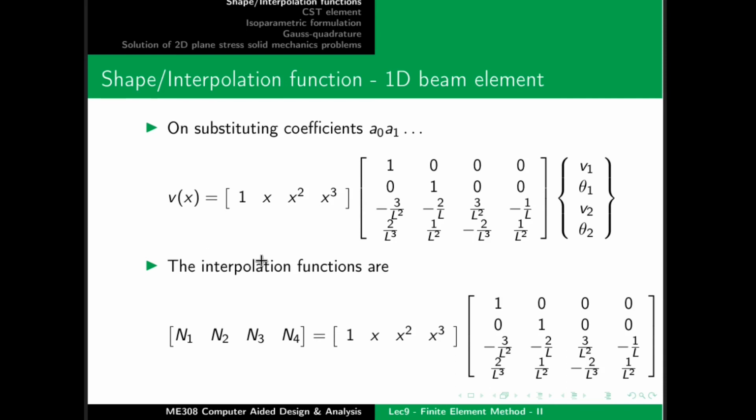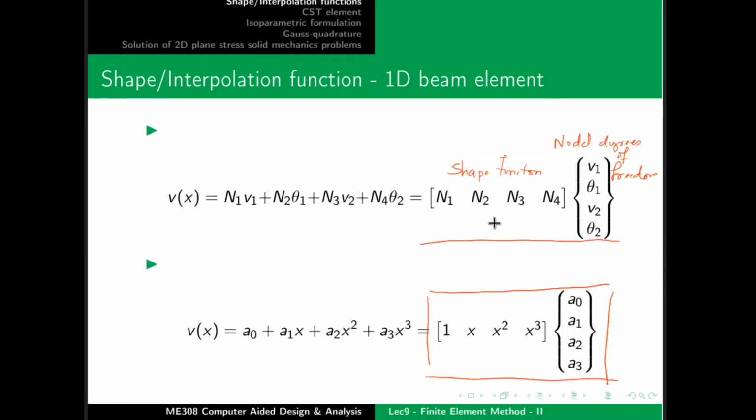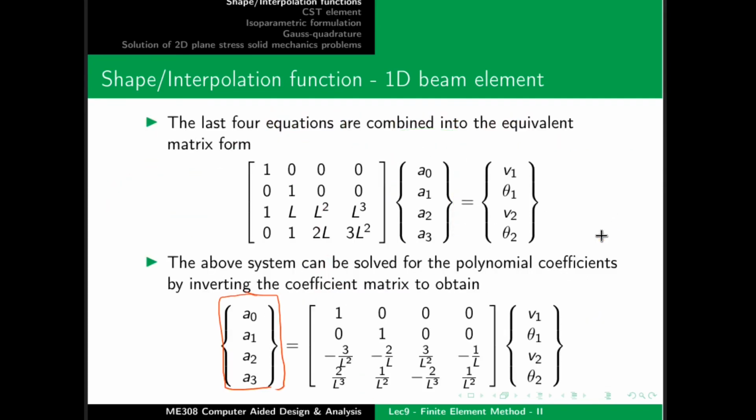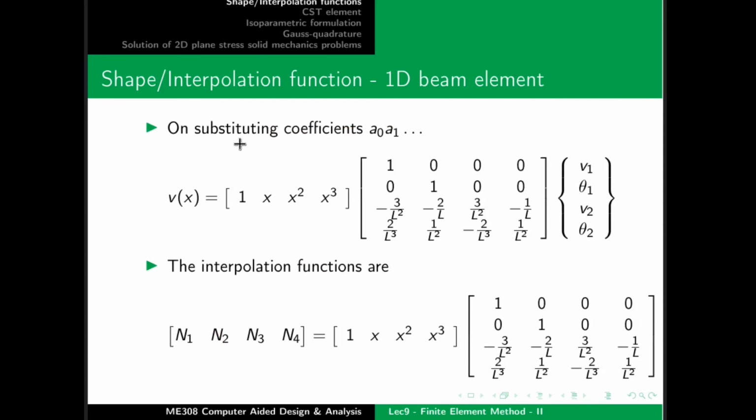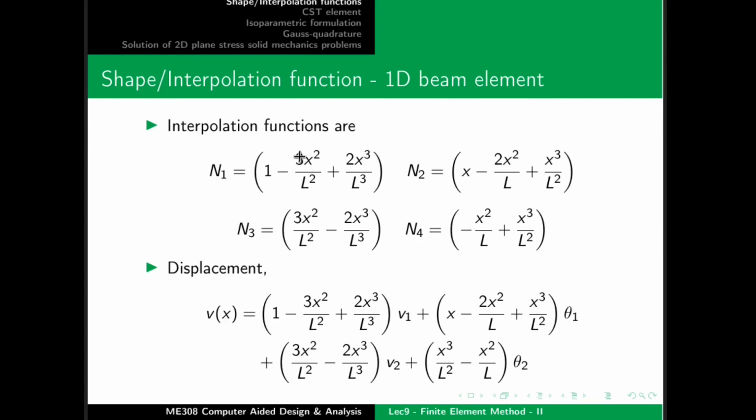In this, we can compare this expression with this expression, that is v of x equal to shape function times nodal degrees of freedom. So we can see that this entire product forms the matrix of shape functions. So the shape functions are N1, N2, N3, N4, equal to this product. If we multiply it, we get the interpolation functions N1, N2, N3 and N4.